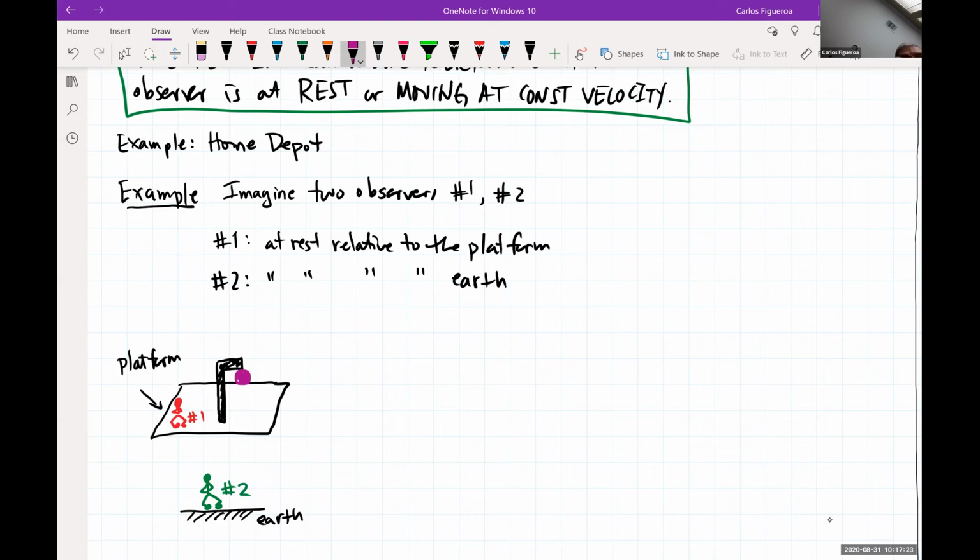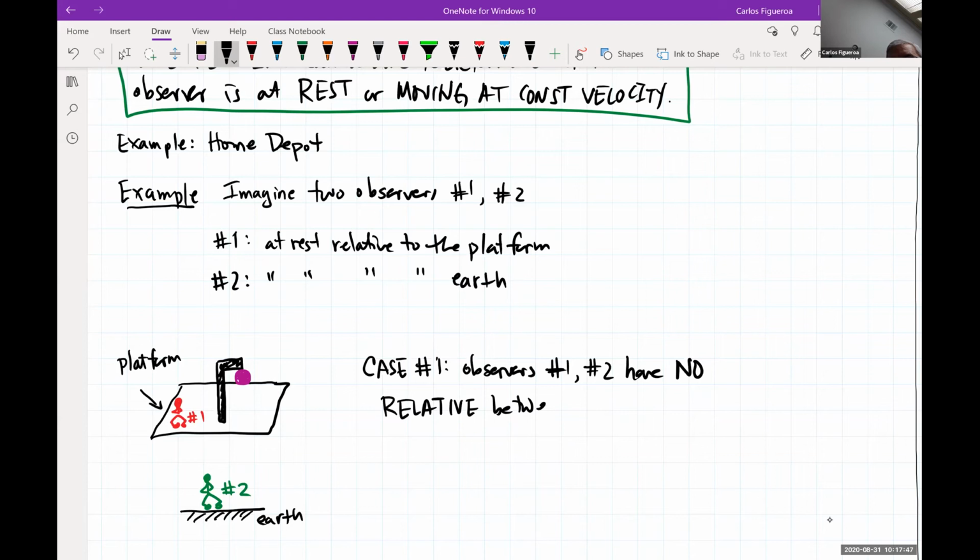So what I want to look at here is two cases. The first case, case number 1, I'm going to imagine that observers number 1 and number 2 have no relative motion between them. If observers 1 and 2 are at rest, what's going to happen to the ball?